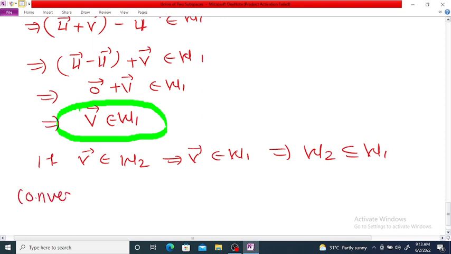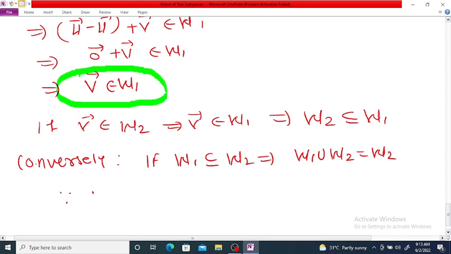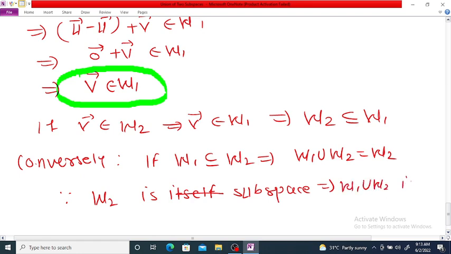Conversely, now if W1 is a subset of W2, then W1 union W2 is equal to W2, and since W2 is itself a subspace, W2 is a subspace implies W1 union W2 is a subspace.